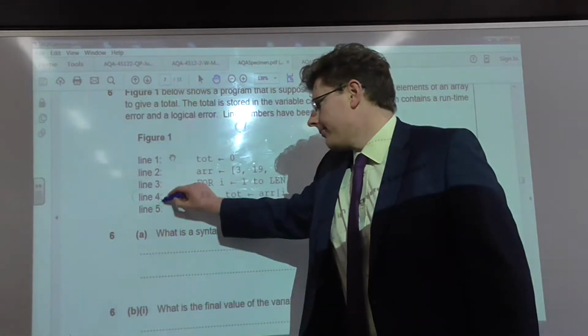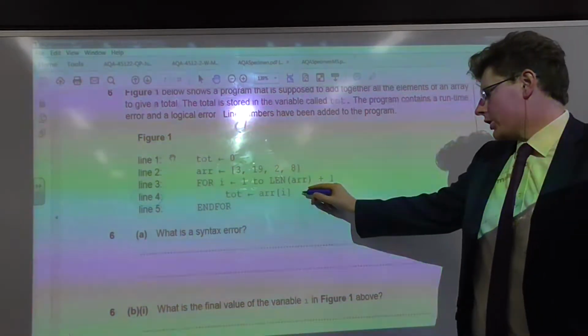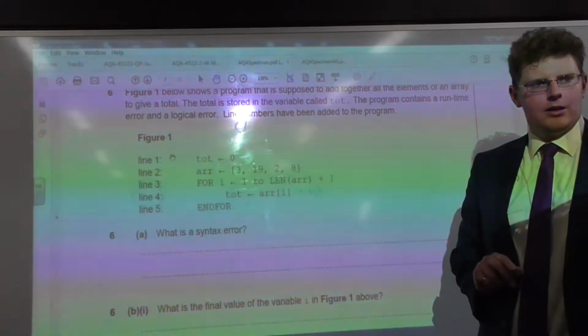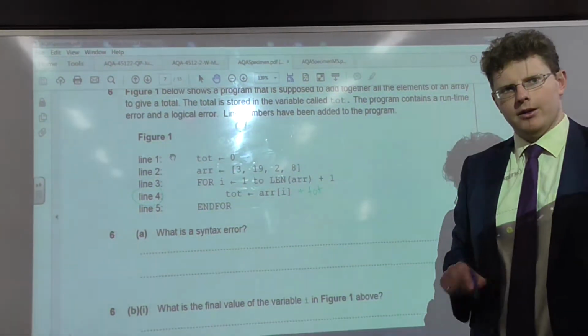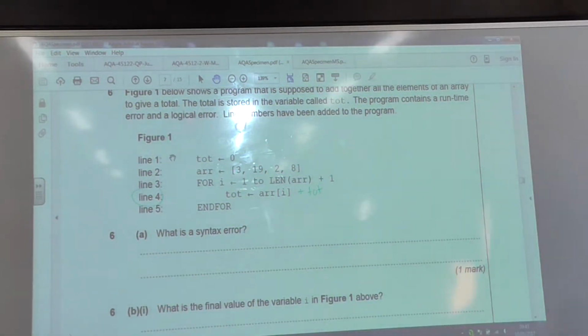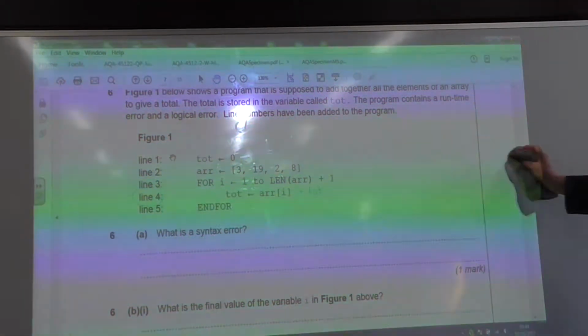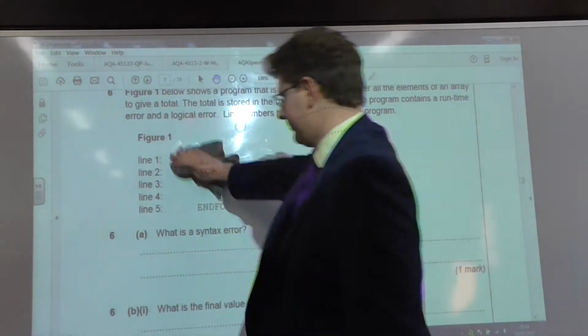Good. So the error's there. So to fix it, that'll fix it, wouldn't it? Yeah. That's your logical error. It's not going to cause the program to crash. That's what's going on there. Yeah, well done, Phil.